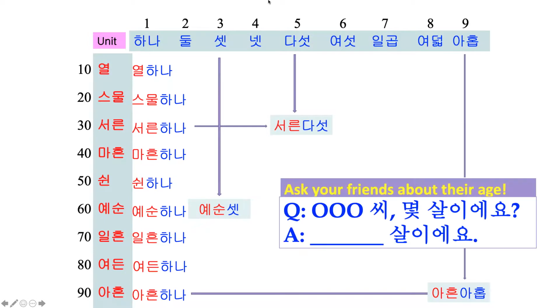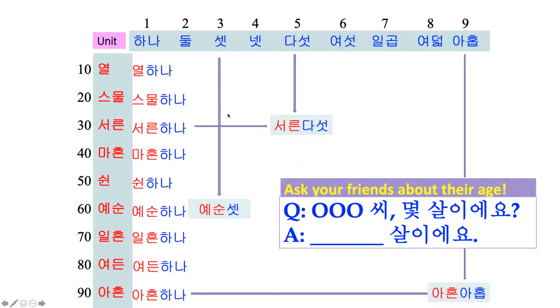When you ask each other's age, you can use the question 몇 살이에요? 몇 살이에요? Then you can just say 저는 서른다섯 살이에요. And be careful with 하나, 둘, 셋, 넷.